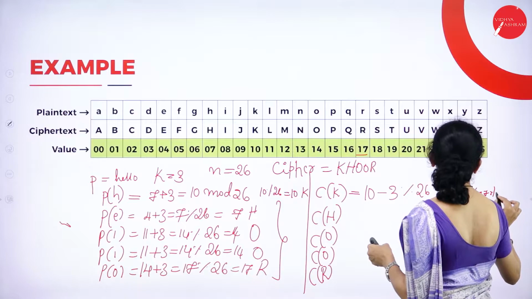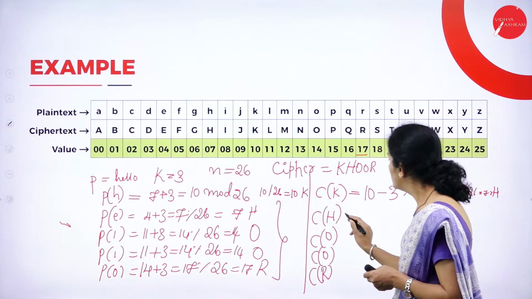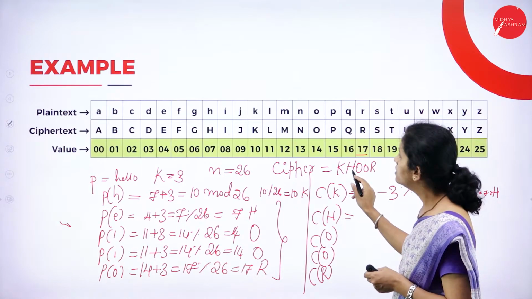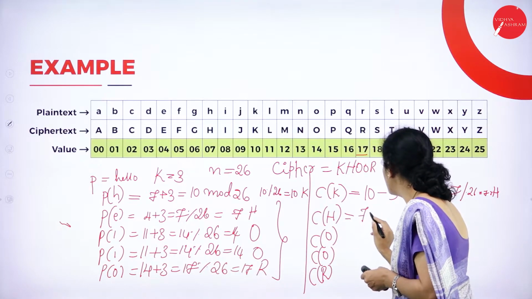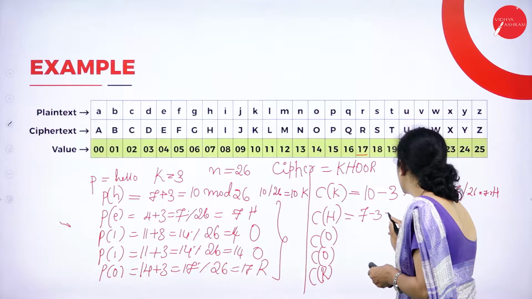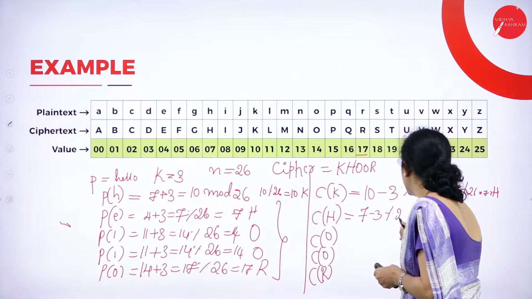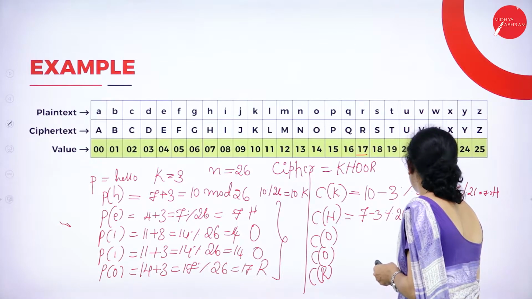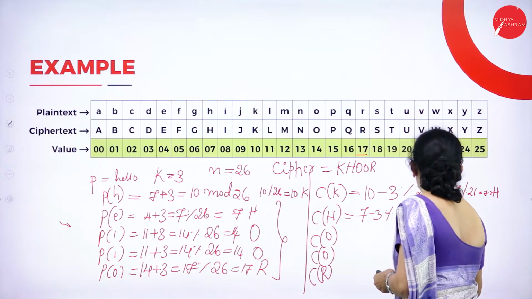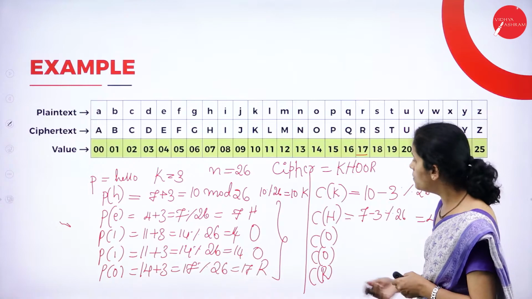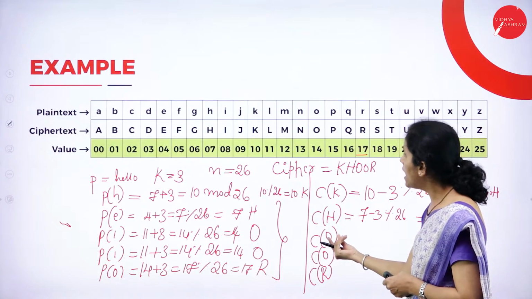It is H. Now, what is H? What's the value of H? H is 7. 7 minus 3 mod 26. So I am going to get 4. And what is present at the location 4?